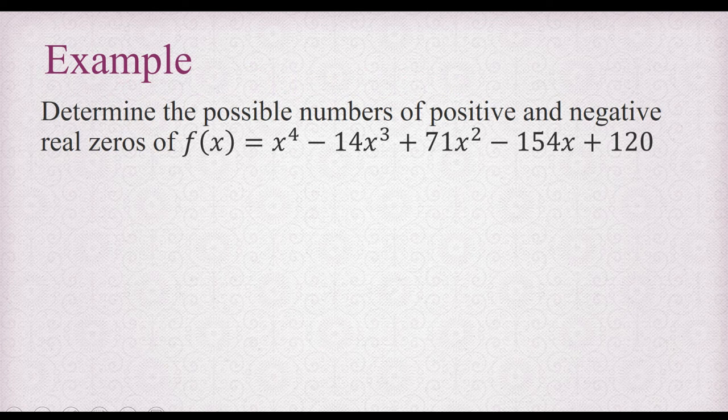All right, let's look at an example of what that all means. So we're going to determine the possible numbers of positive and negative real zeros of f of x equals x to the 4th minus 14x cubed plus 71x squared minus 154x plus 120. All right, so let's talk about positive real zeros.